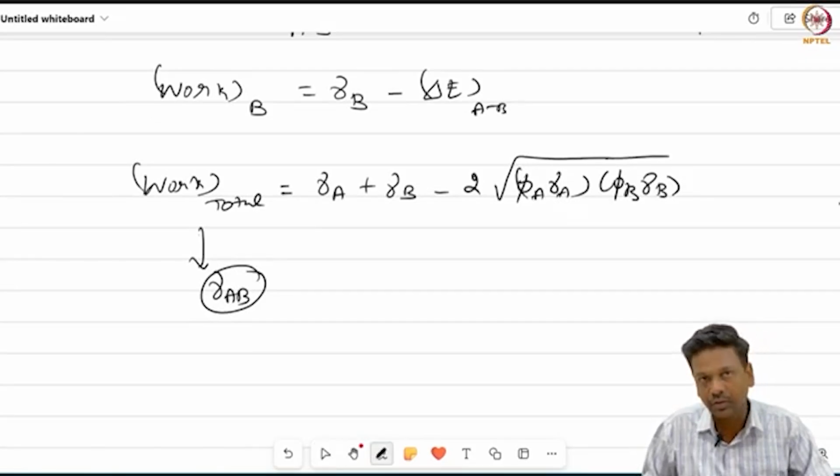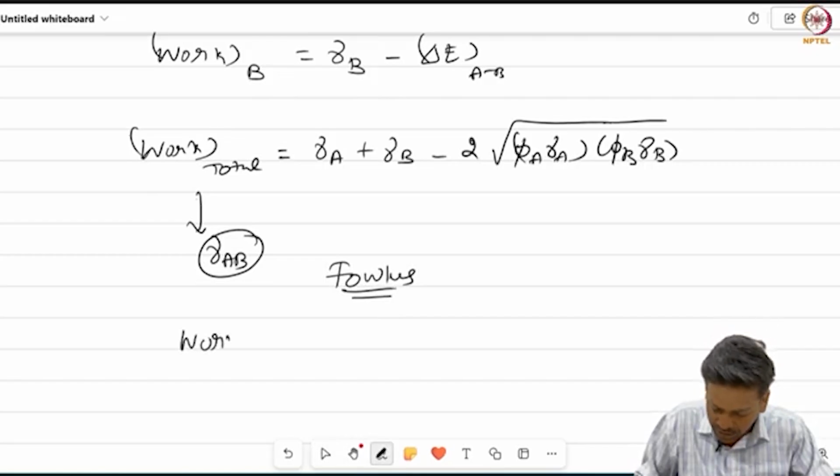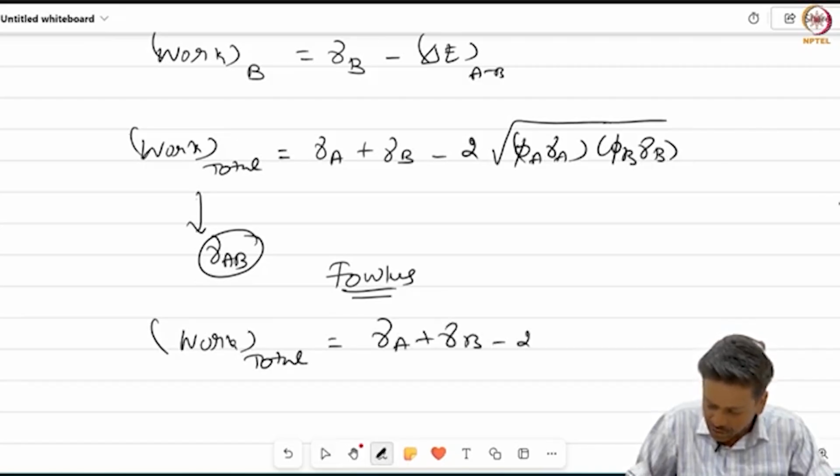So this is the Girifalco equation. But folks approximate this in the following way. The work total is nothing but gamma A plus gamma B minus 2 root over gamma A dispersion, gamma B dispersion.